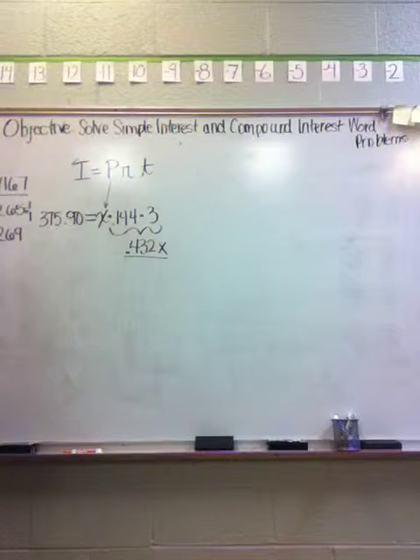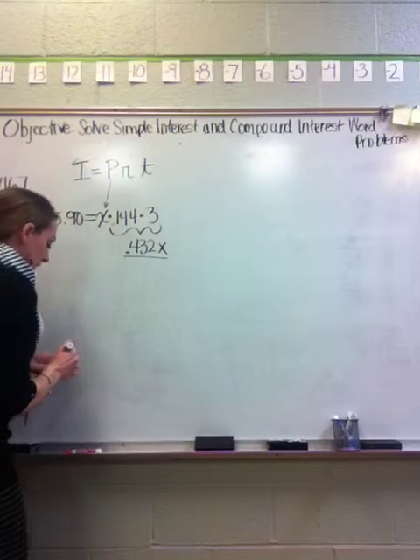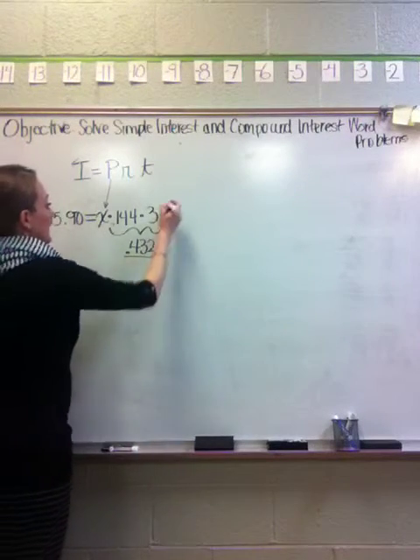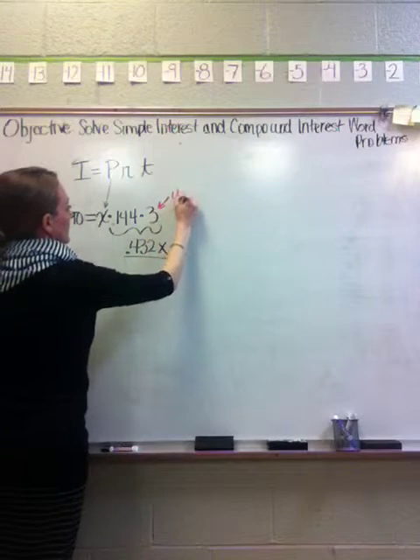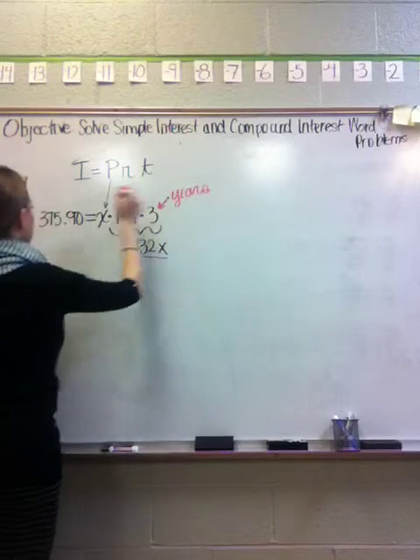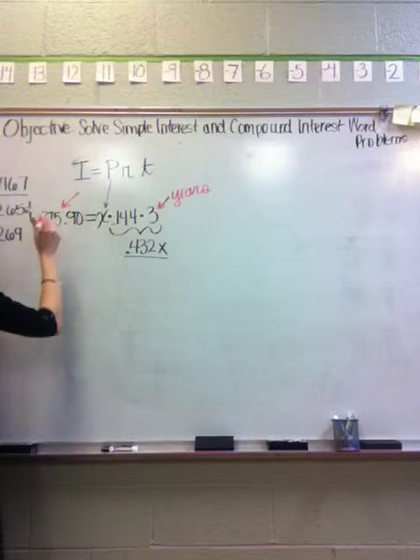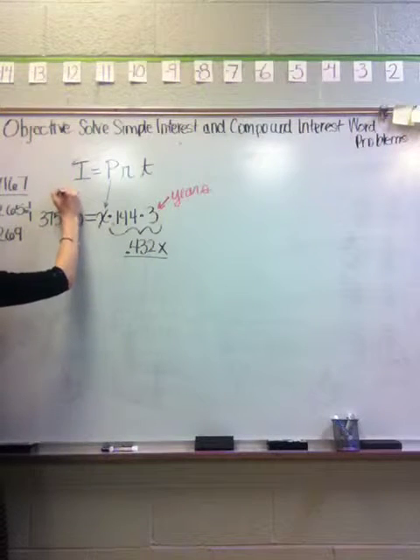Okay, listen, eyes up on the board. We have to put this in terms of the amount of months. Does that make sense? Hang on, just listen. Don't interrupt. We have to put this in terms of months. This time is in terms of years, and this money is monthly.